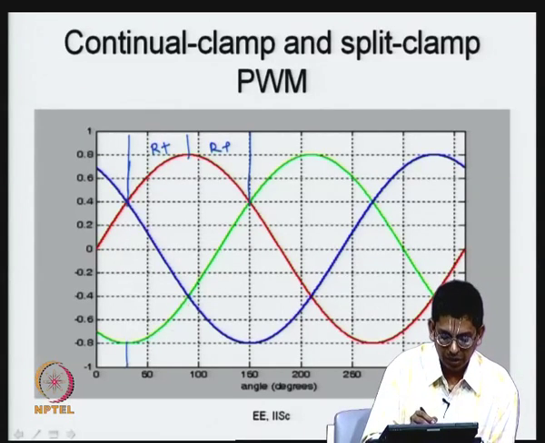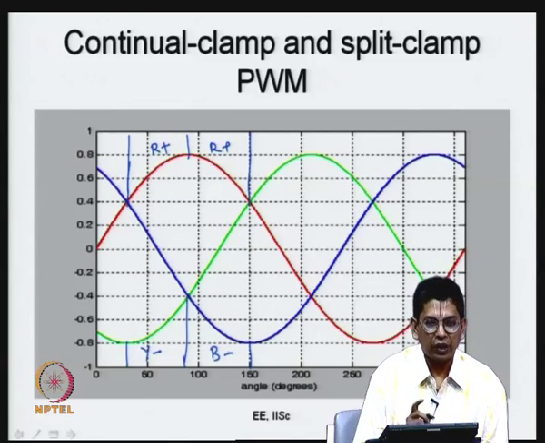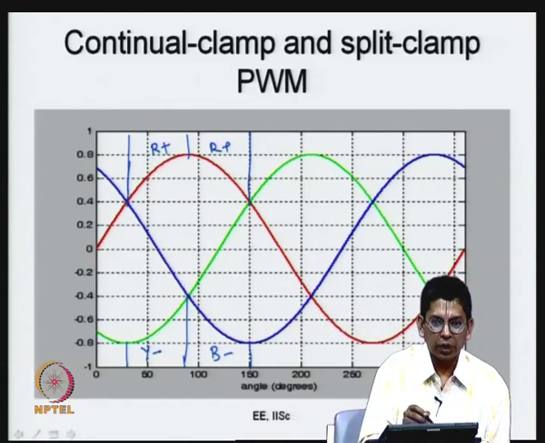You take the next 60 degree interval, Y phase can be clamped to the negative DC bus, you take the next 60 degree interval, B phase can be clamped to the negative DC bus now. So, you have the situation where the most positive can be clamped to the positive bus and the most negative can be clamped to the negative bus. So, if you take this 30 to 90 degree duration, R can be clamped to the positive bus or Y can be clamped to the negative bus.